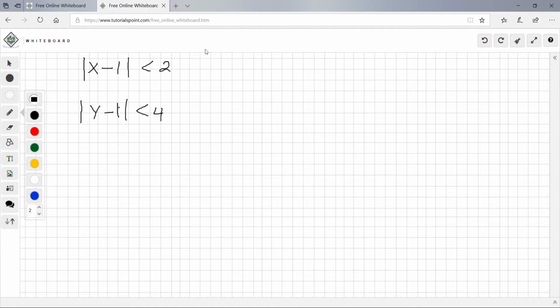So we can rewrite the first one as x minus 1 equals 2, or x minus 1 equals negative 2. So when you solve for x, you add 1, add 1. So that's x equals 3, and then you add 1 here, add 1. So that's going to be x equals negative 1.